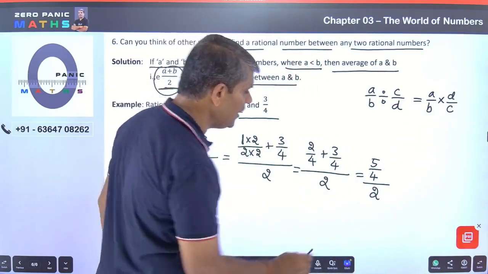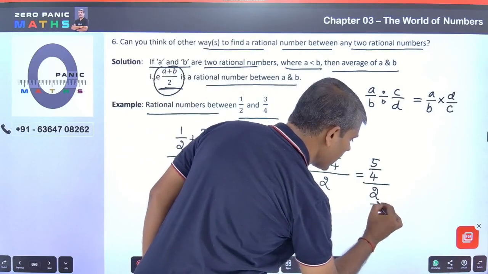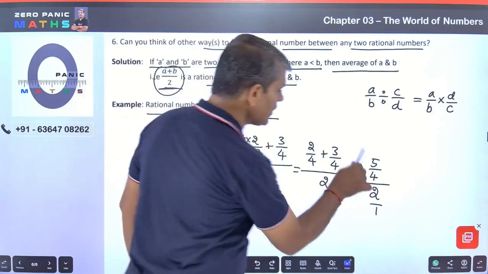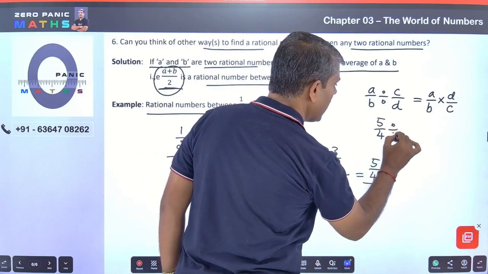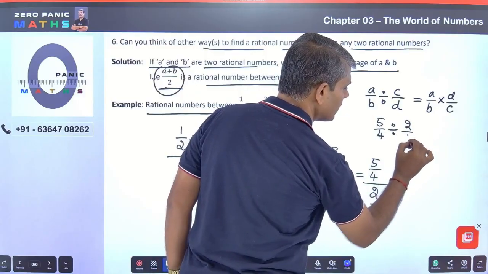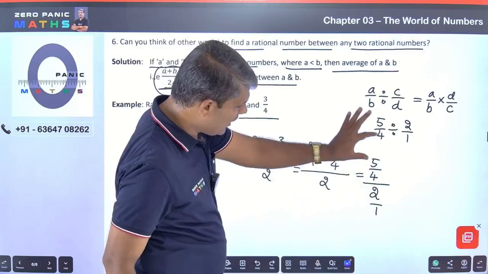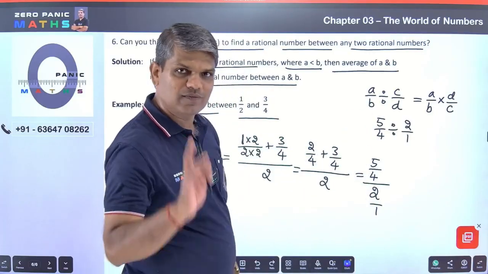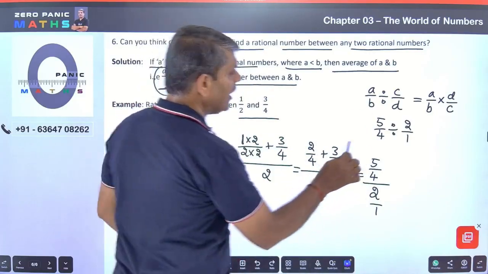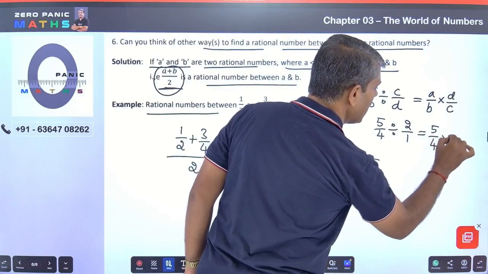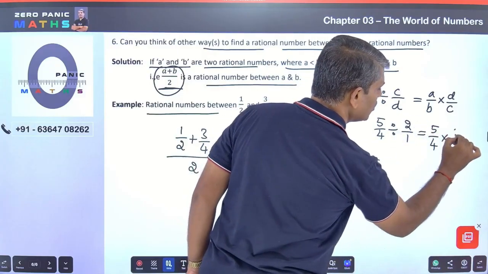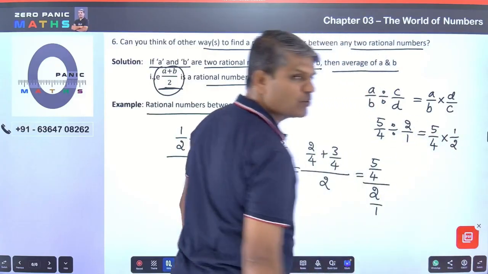Listen to me carefully. 2 is always represented as 2 by 1. So this is actually 5 by 4 divided by 2 by 1. You getting my point? So when I convert this, it will become 5 by 4 multiplied by 1 by 2. 2 by 1 will become 1 by 2.